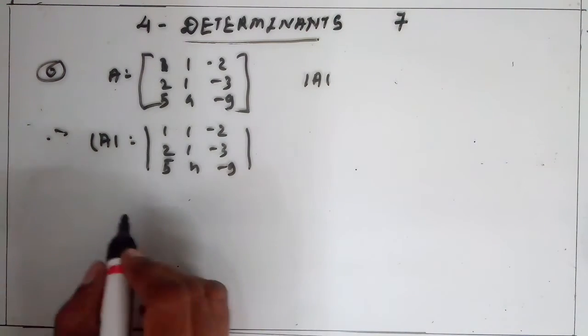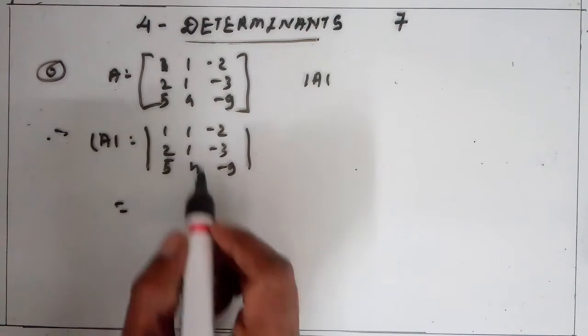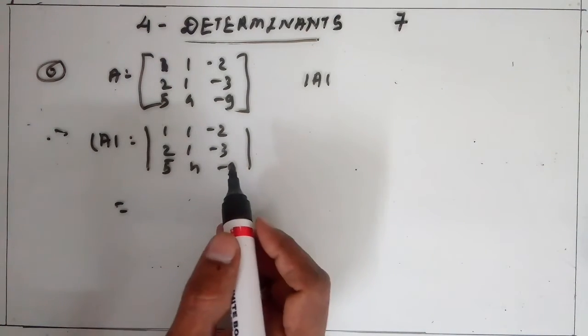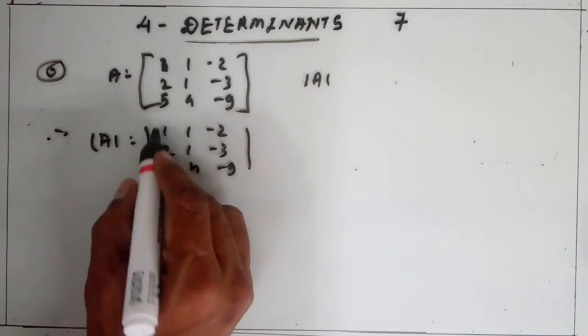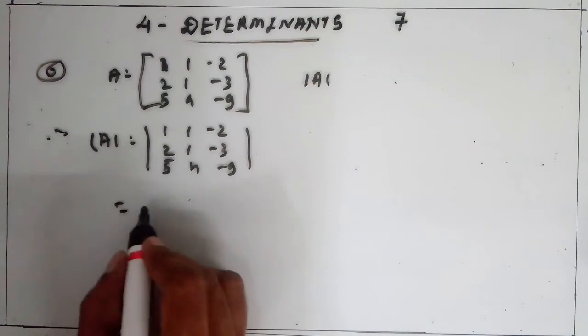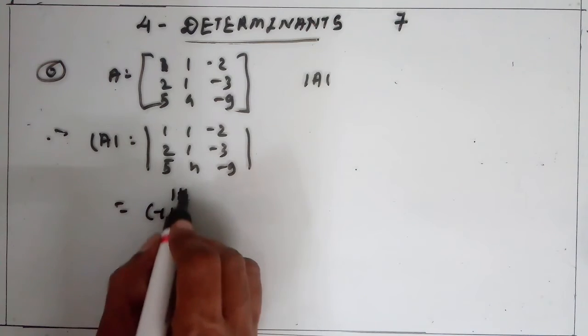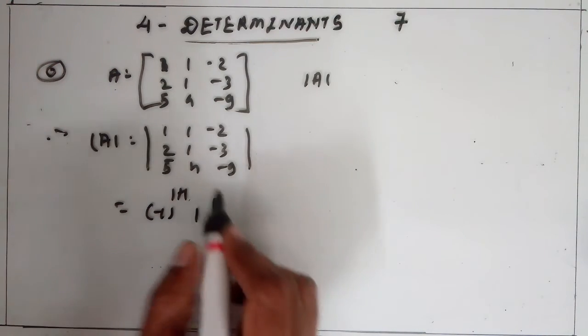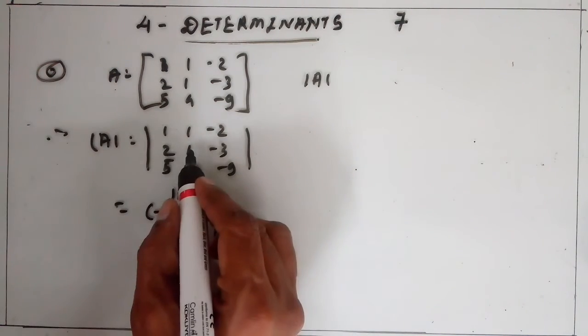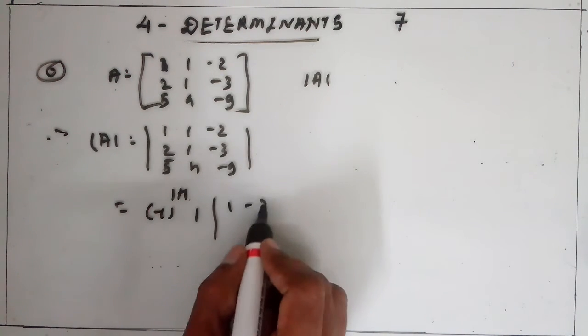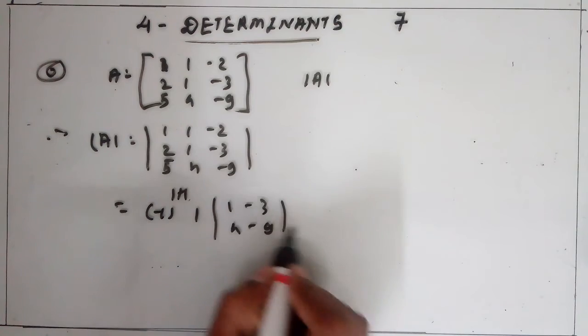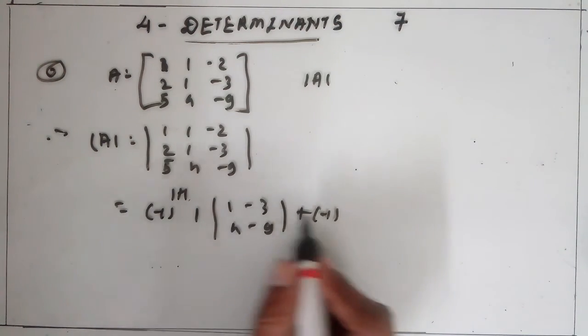Clear? So, using the first row, we get the value of this. Here 1 lies in the first row and first column. So minus 1 raised to 1 plus 1, into 1, into remove this row and column. The remaining entries we write in determinant form, 1, minus 3, 4, minus 9.